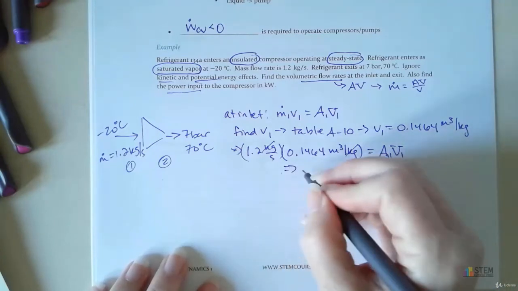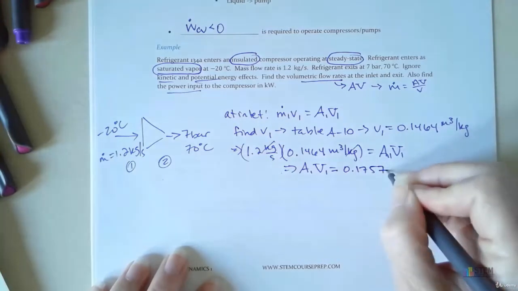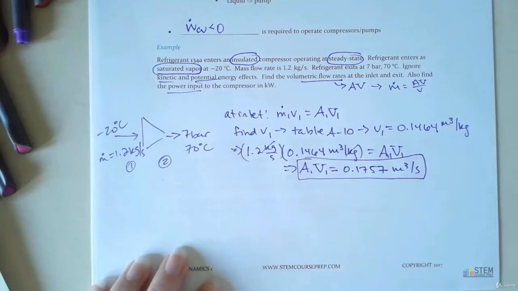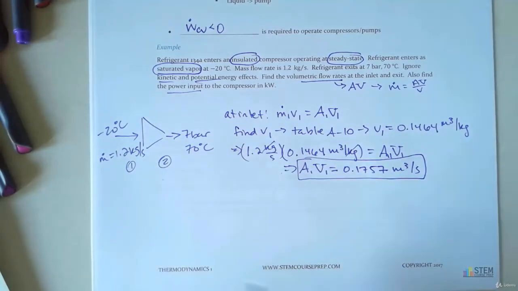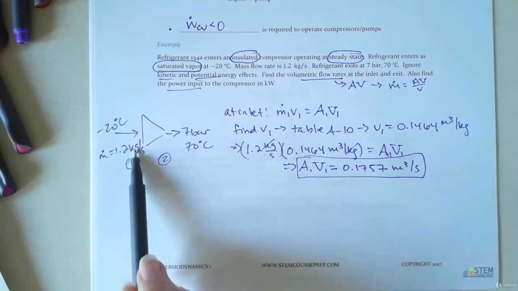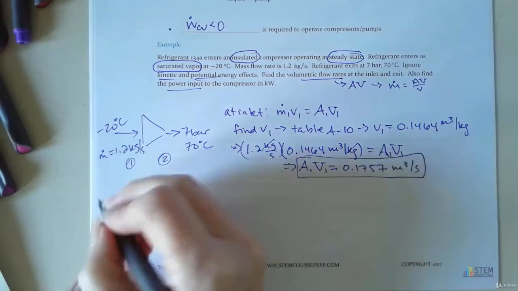That's what we want. So A1 V1 is 0.1757 cubic meters per second. That's our volumetric flow rate at the inlet. Essentially, that says 0.1757 cubic meters of refrigerant is entering this area right here per second. Now we want to find the same thing at the exit. So let's look at the exit.